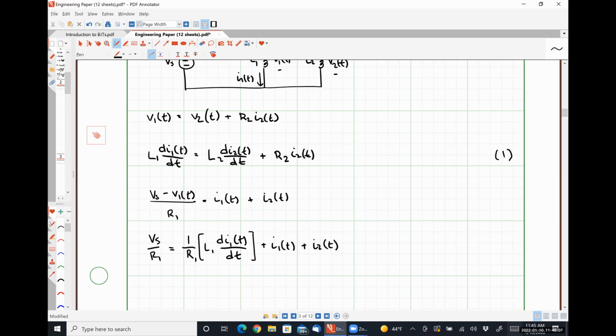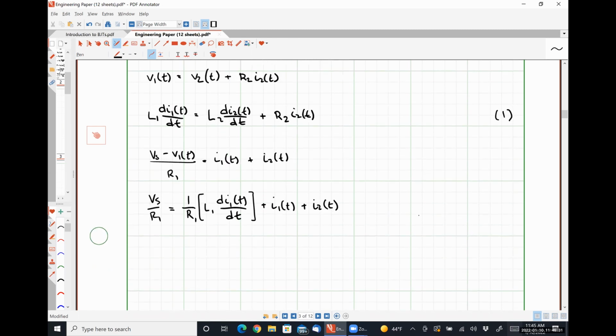So Brandon, what can we do to this guy to effectively isolate a variable? We're going to isolate I1, right? Yeah, so we want all of the I1 terms on one side, all of the I2 terms on the other side of the equal sign. Yeah, so we can just subtract these terms.